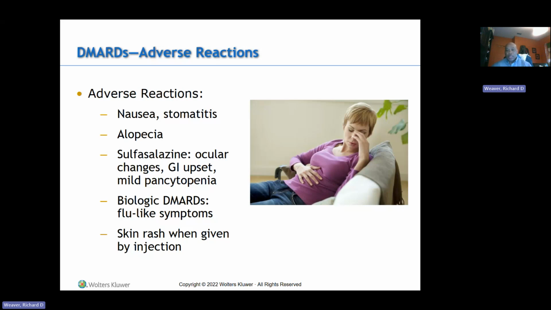They can also lead to conditions such as tuberculosis, because if you suppress the immune system, anything goes. The body's immune system is compromised, and so people can end up with all sorts of diseases. Now, the most common adverse reaction to the drugs given by injection will be skin irritation. In other words, the immune system may react to the drug as a foreign substance, causing redness, swelling, itching, and pain at the injection site.